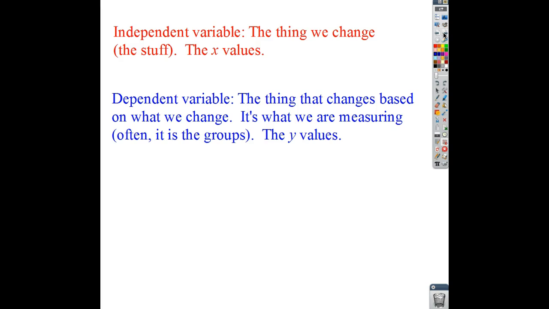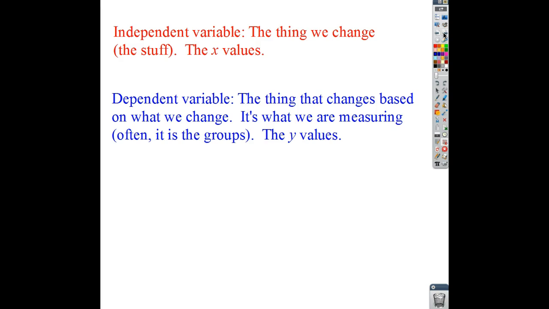And the dependent variable is the thing that changes based on what we change. So in that previous one, we changed the number of minutes, and then we looked to see how many words you can type. So what are we measuring? We're measuring how many words you can type. We're using the minutes as the thing to determine what that is. So that's what the dependent variable is.